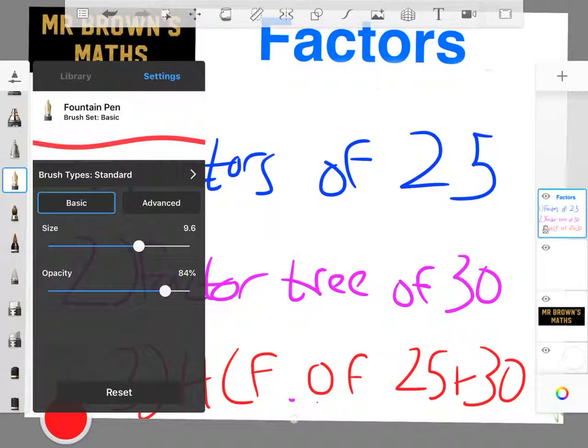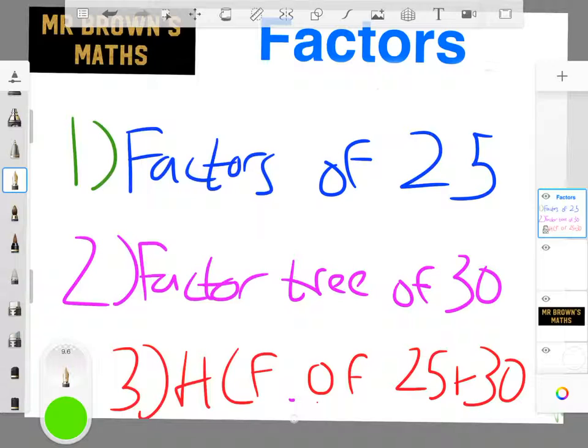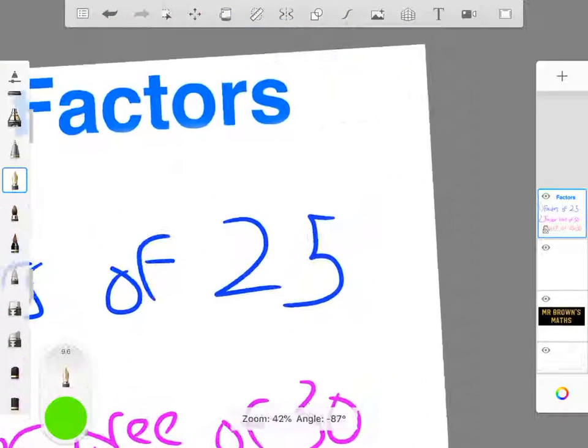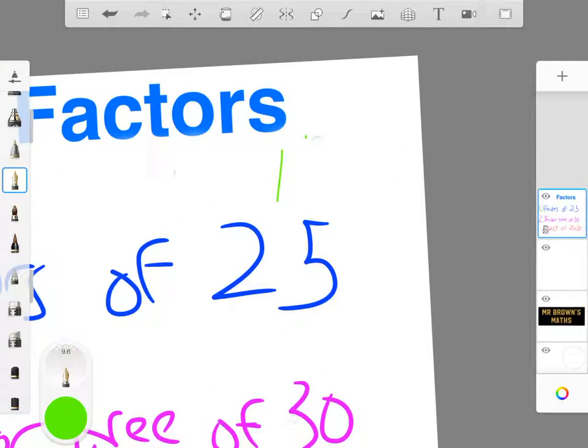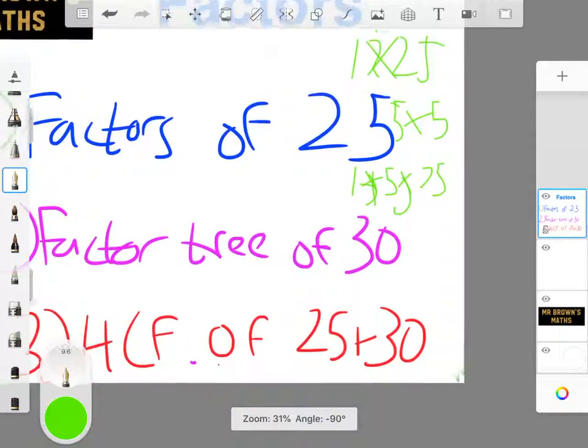So pause the video, have a go at all 3, and then see if you can do your 3 factor skills. So the first one, the factors of 25. We've got 1 times 25, then we've got 5 times 5, so we've got 1, 5 and 25.